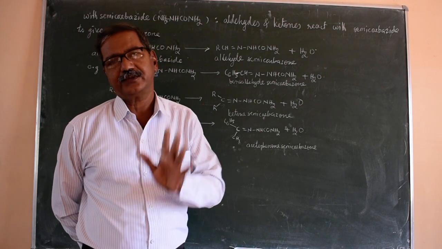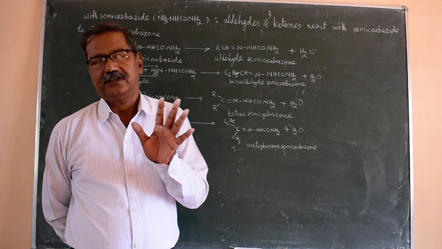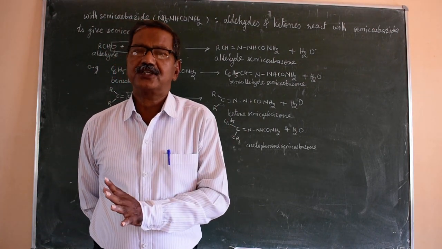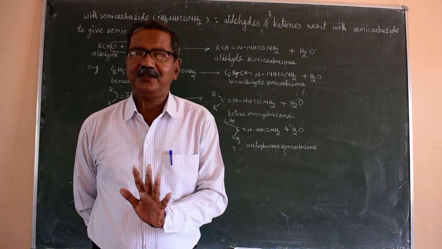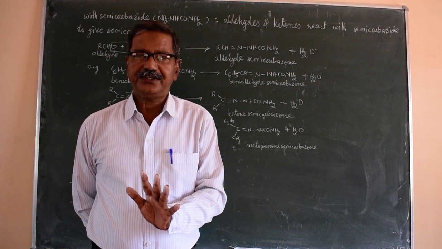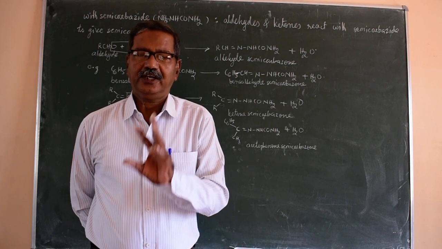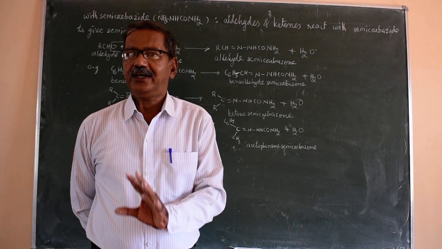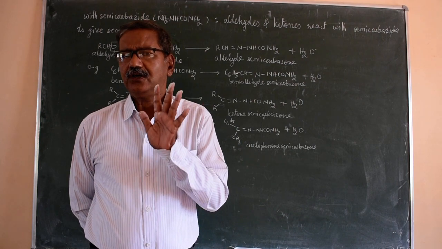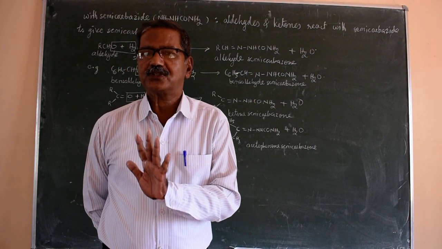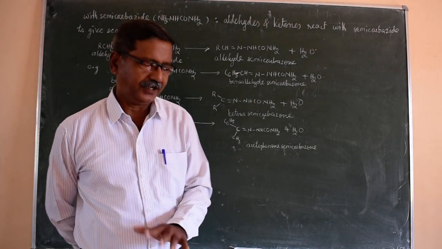Only aldehydes answer the test for Tollens reagent and Fehling's solution. So we can use these two reagents to distinguish between aldehydes and ketones. In both reactions, aldehyde undergoes oxidation to give carboxylate ion or carboxylic acid along with the precipitate.